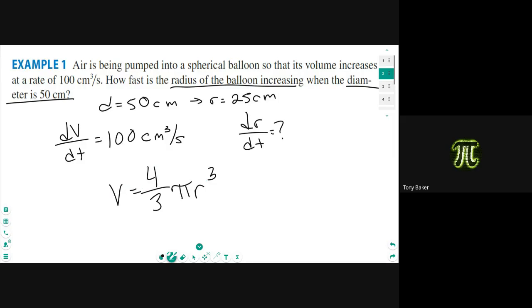Four over 3 pi r to the third. Volume is cubic, so that's why it's to the third. All right. So I got this formula. How would I get this and this?